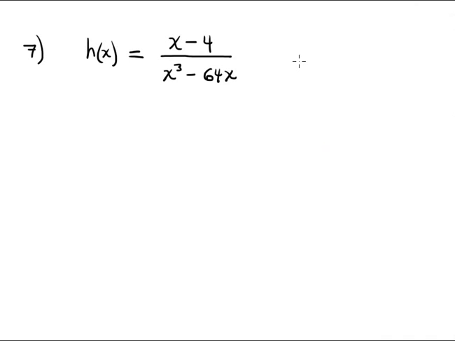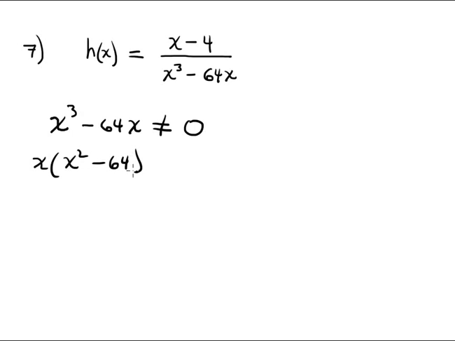Okay, number 7 is find the domain of the function. So you see we have a fraction. You take the expression in the denominator, and this expression must be different to 0. This is the restriction, and you solve this inequality. In this case, factorization: x is a common factor, and x squared minus 64 must be different to 0.